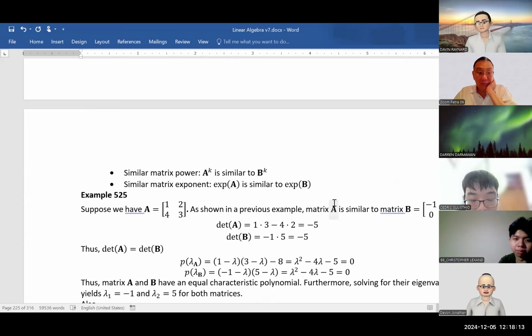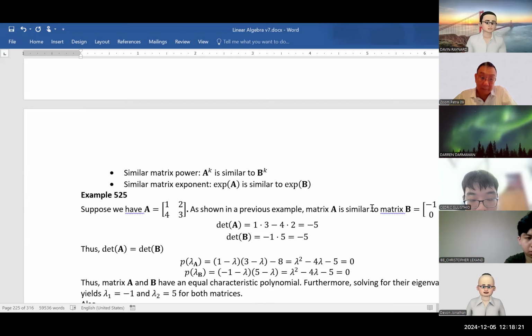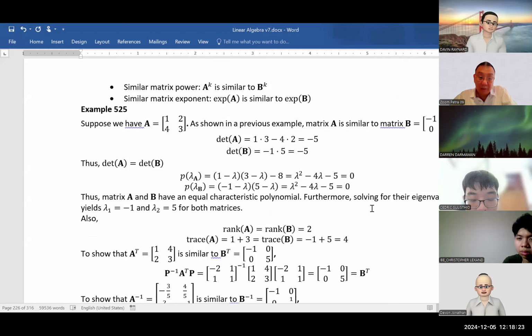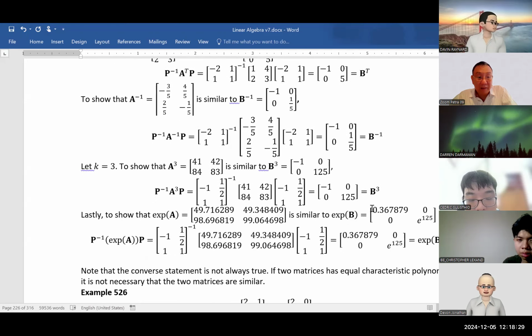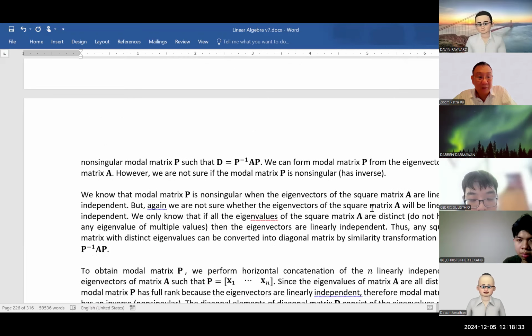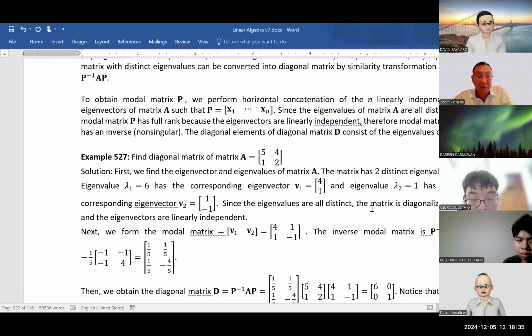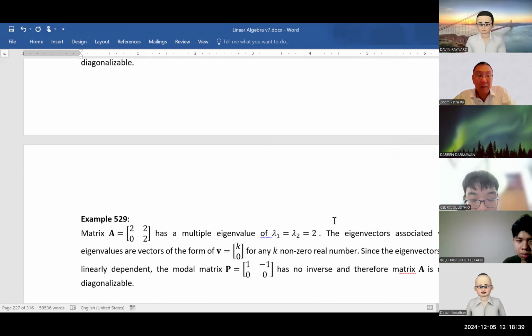So this is the application of eigenvalues and eigenvectors: to create a similar matrix, if possible diagonal. I hope you get the nice properties of eigenvalues and eigenvectors. These are very basic understanding of linear algebra.